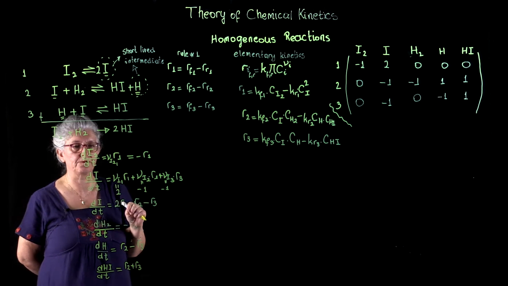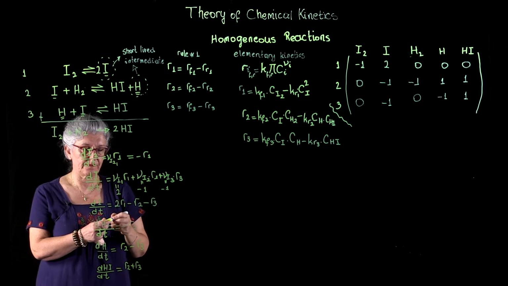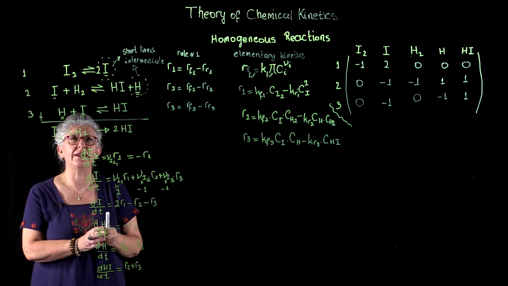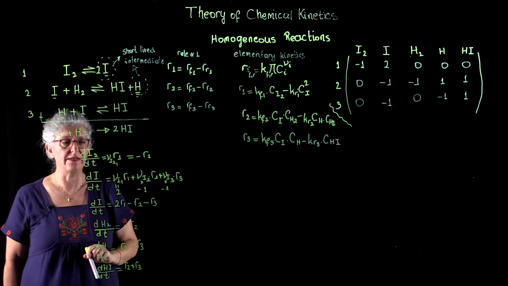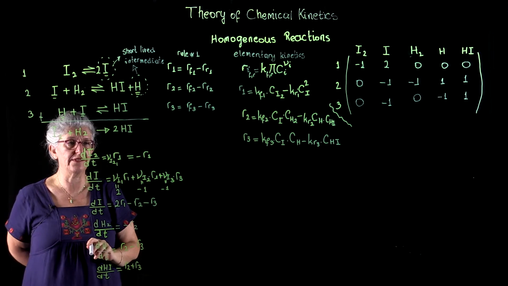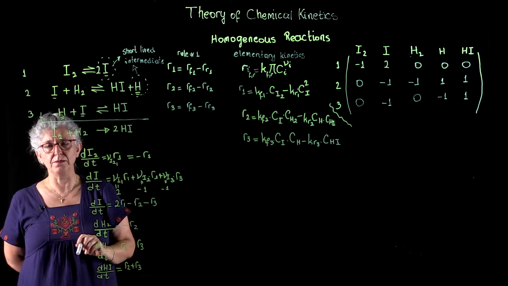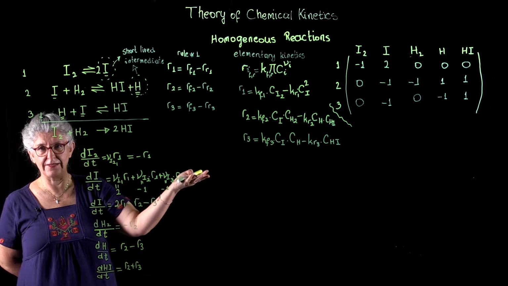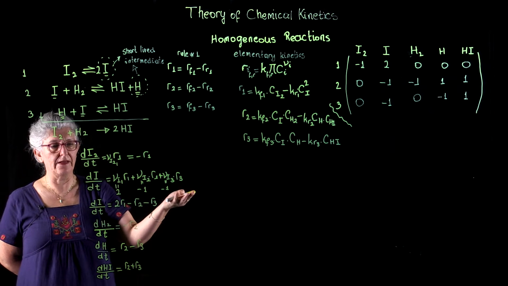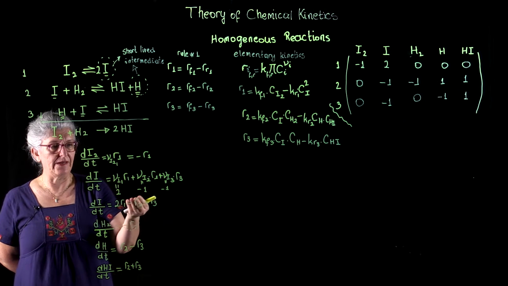So let's see. Now, here we have short-lived intermediates. We would like to eliminate those short-lived intermediates from the end rate expression.